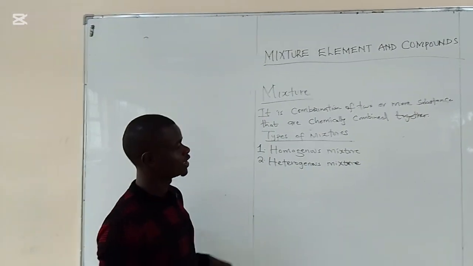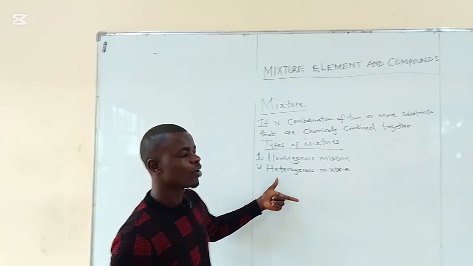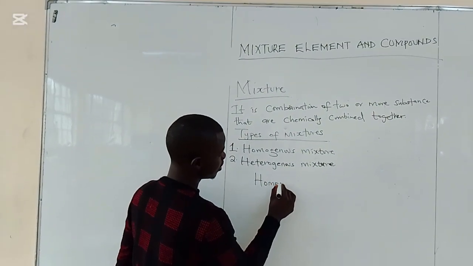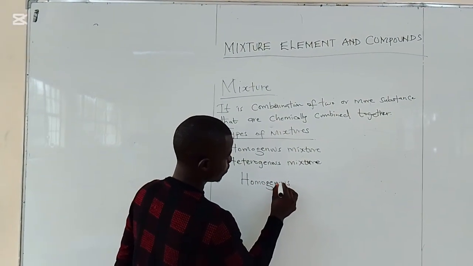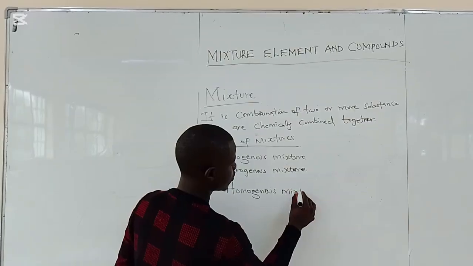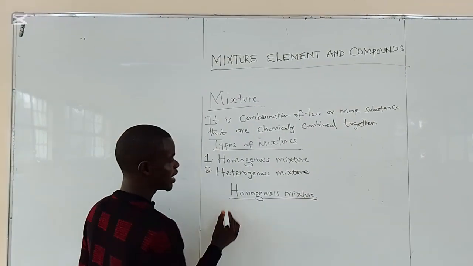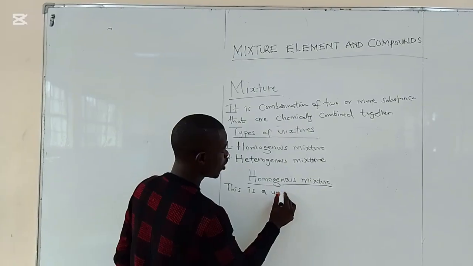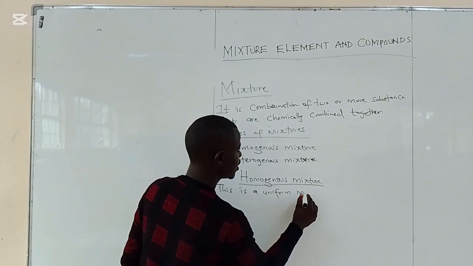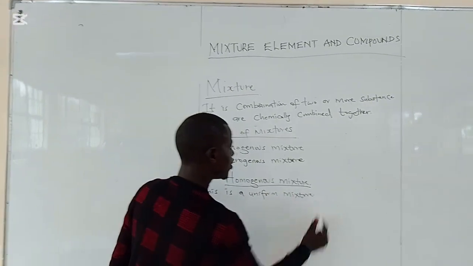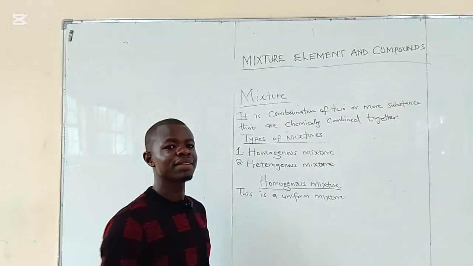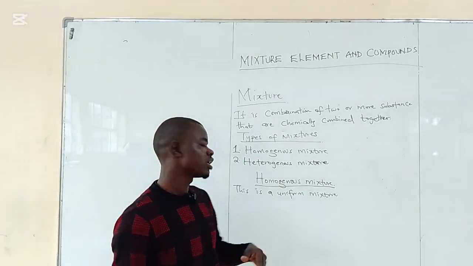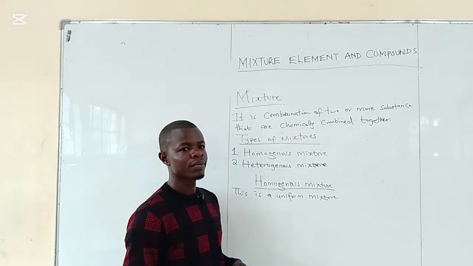What about these two types of mixture? One, homogeneous mixture. Let us define what is a homogeneous mixture. You say this is a uniform mixture. By saying uniform, it means if you bring the two substances together, then they will form one layer. That's why it is uniform.